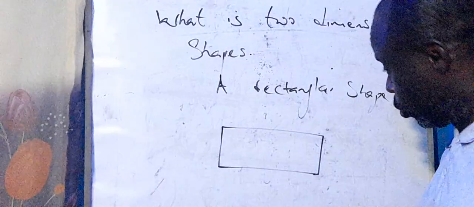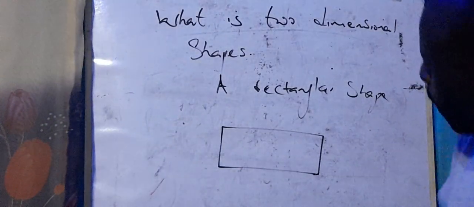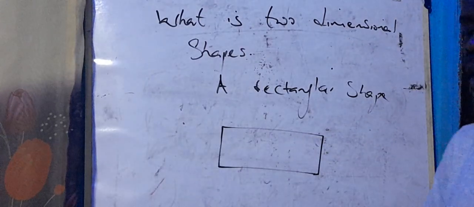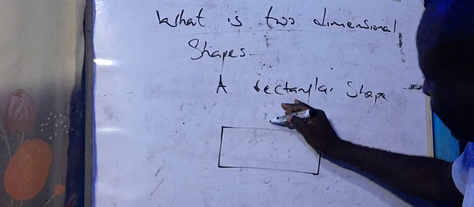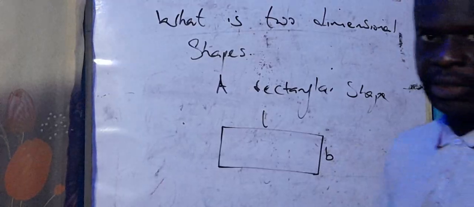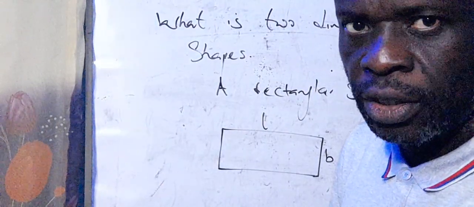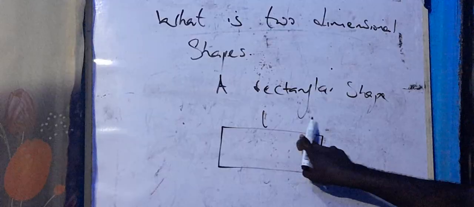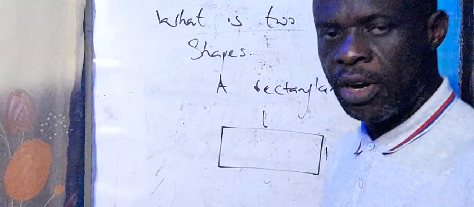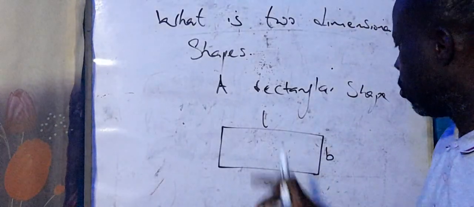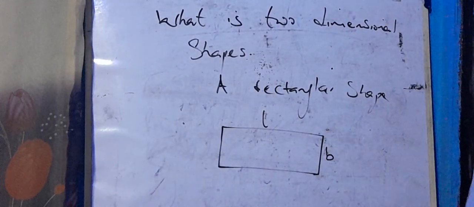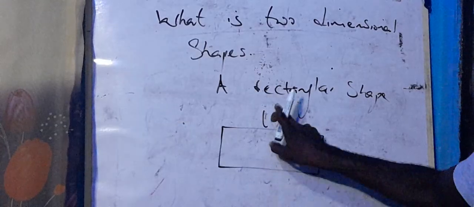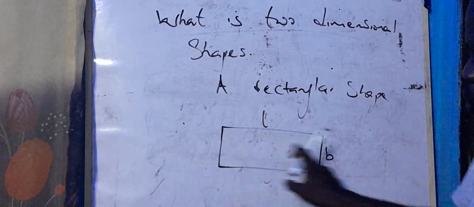You will notice from this diagram I just drew that we have two dimensions: the length and the breadth. The length is the longest part of a rectangle, while the breadth is the short part. The two lengths are opposite each other, and the breadths are also opposite each other.